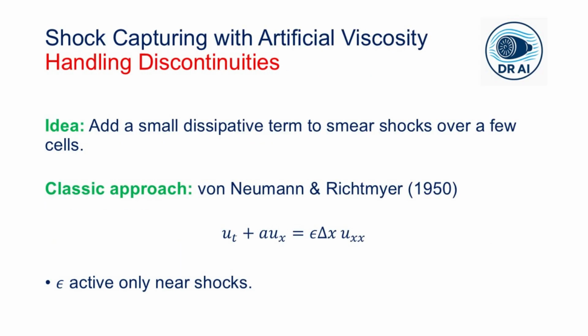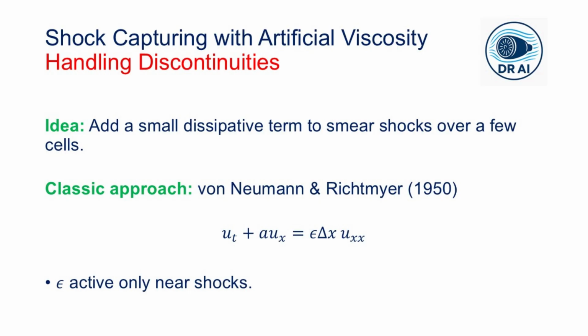So now we move on to shock capturing and artificial viscosity. For nonlinear hyperbolic systems, we must handle shocks near discontinuities in the solution. There are two main strategies. One is shock capturing. We add artificial viscosity to smear the shock over a few grid cells while retaining high accuracy in the smooth regions.